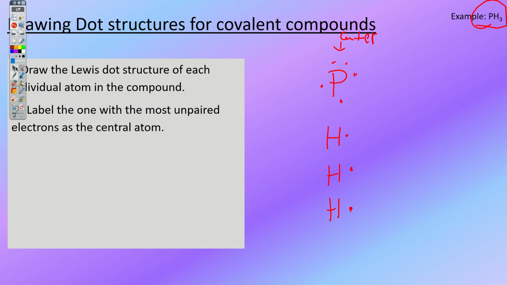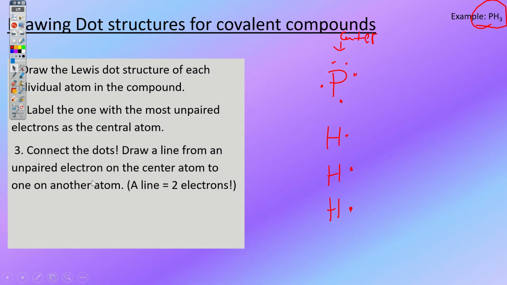Once you figure out which one is in the center, we're going to play connect the dots. We draw a line from an unpaired electron on the center atom to one of the outside ones. Here's an unpaired one, whoop. Here's an unpaired one, whoop. Here's an unpaired one, whoop.